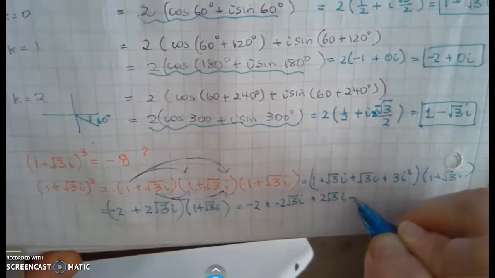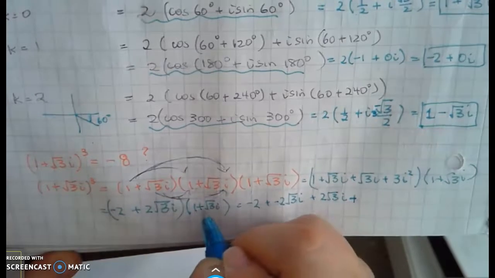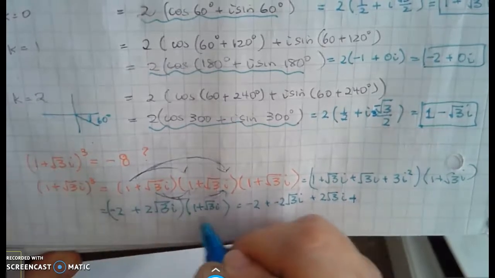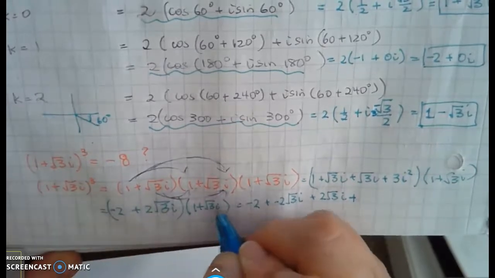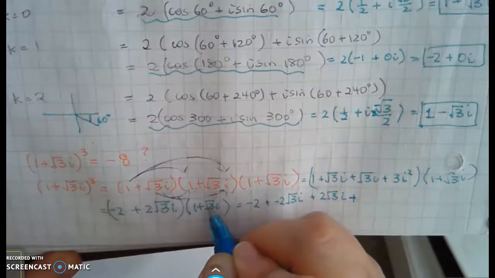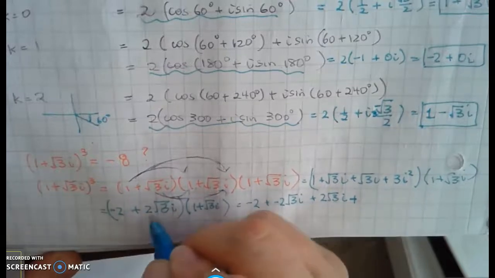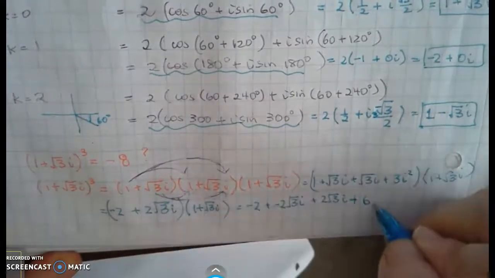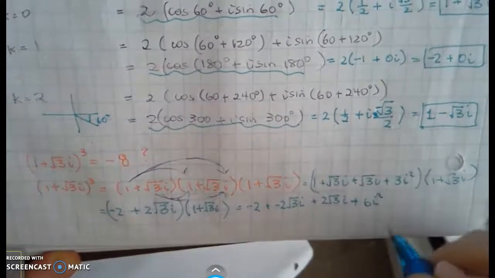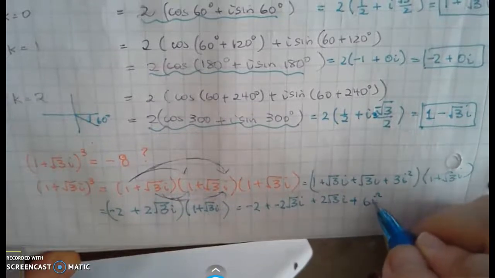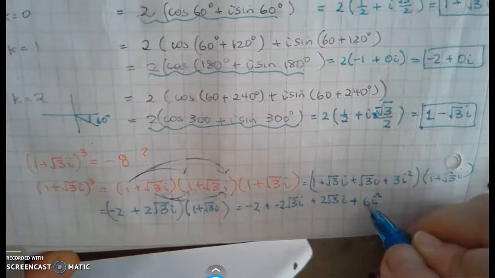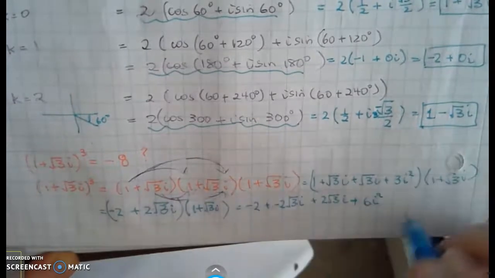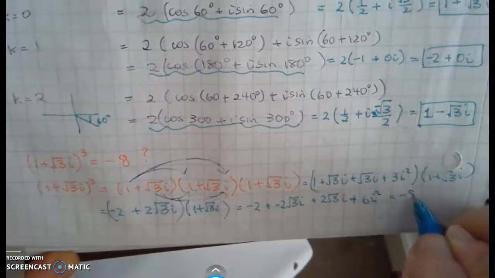And then we are adding 2 root 3i times root 3i. Root 3 times root 3 just becomes 3. So 2 times 3 is 6. And then i times i is i squared, and i squared is negative 1 times 6. Negative 1 times 6 is negative 6. Plus negative 2 is going to be negative 8.